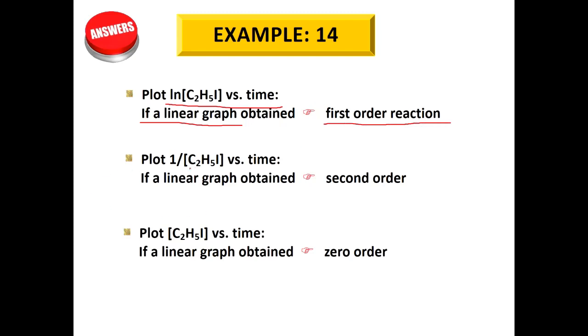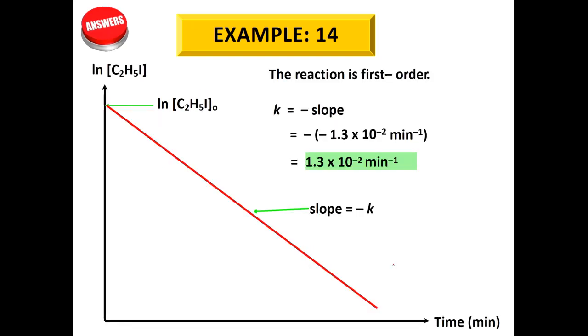But if you plot 1 over the concentration of C2H5I versus time, if a linear graph is obtained, that means the reaction is second order. If you plot C2H5I versus time, if a linear graph is obtained, that means a zero order reaction occurs. So the reaction is first order.